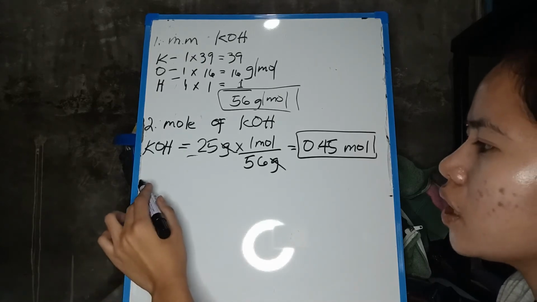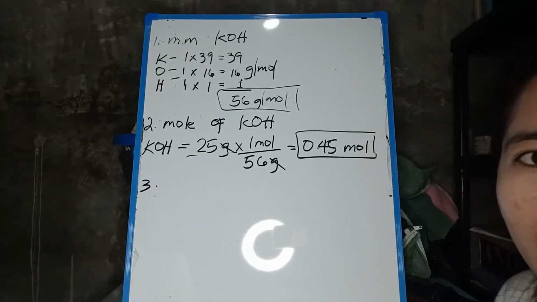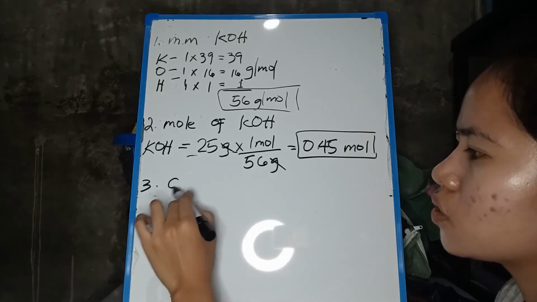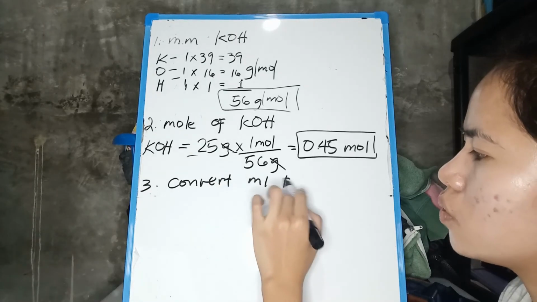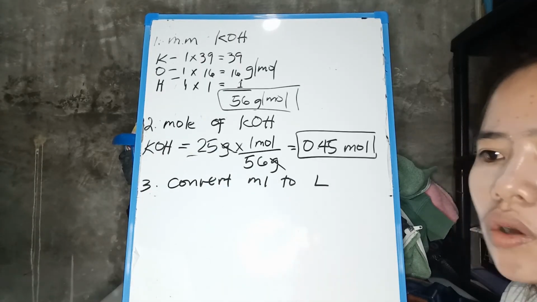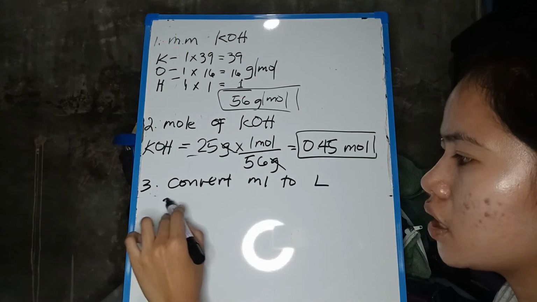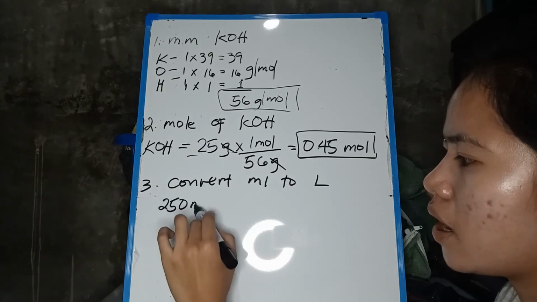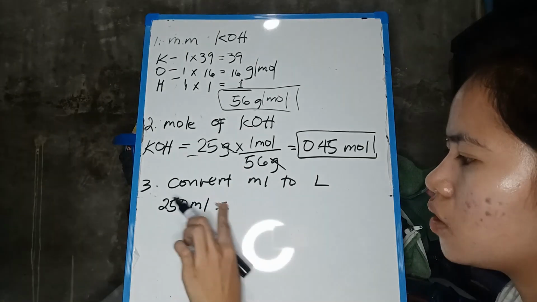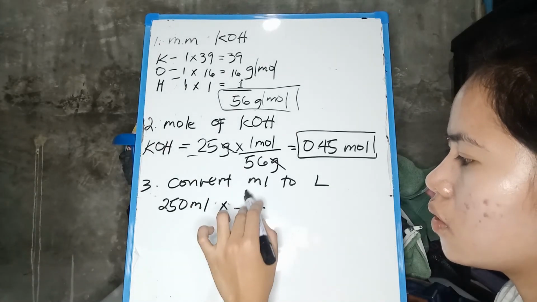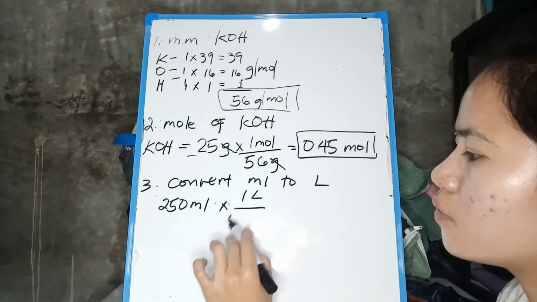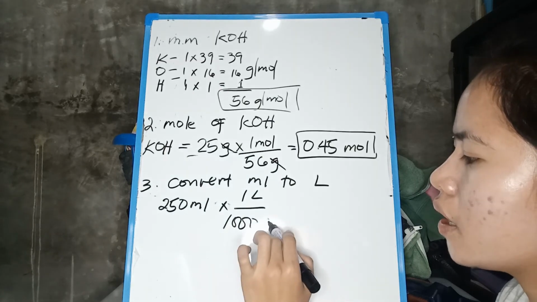So, since our given is ml man, kailangan na to i-convert into liter. So, convert ml to liter. So, our given is 250 ml divided by 1 liter over 1,000 ml.